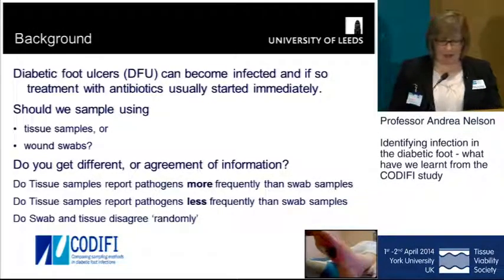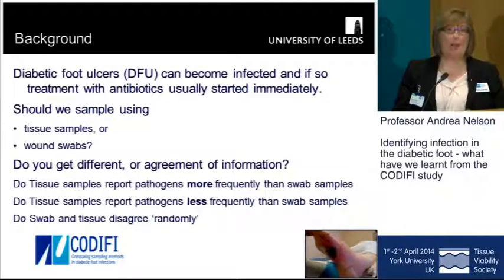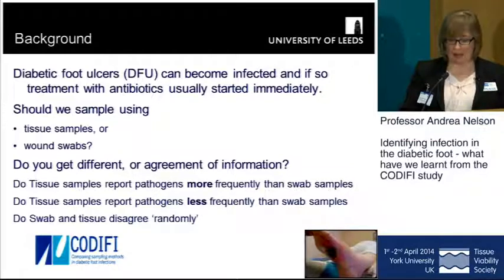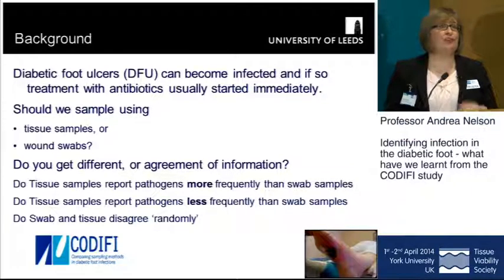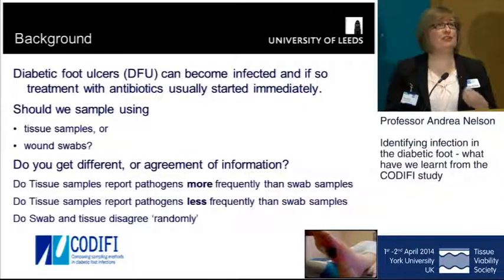So, as we've heard, diabetic foot ulcers are a significant problem. A large proportion of them can come infected, and because infection is a common feature of the pathway to amputation, clinicians are vigilant about infection.